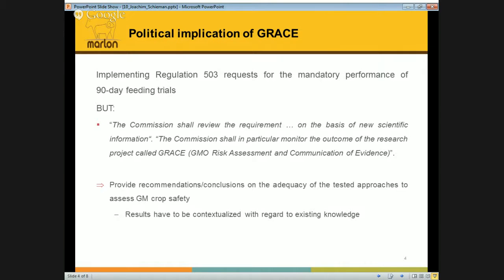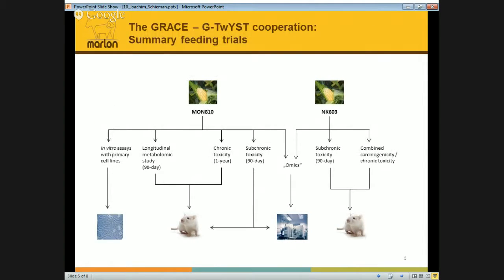But of course, the results provided by GRACE have to be put into a broader context of worldwide existing knowledge. We are closely working together with GTWIS and with the French project.